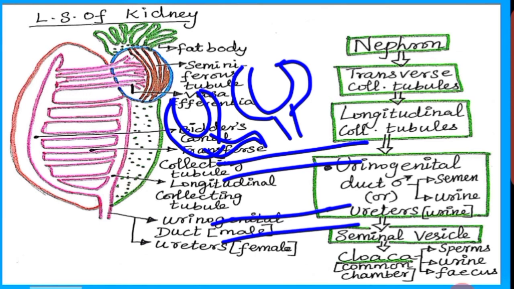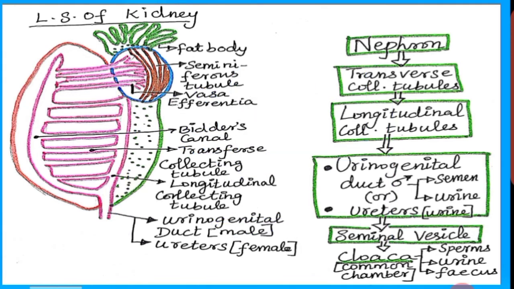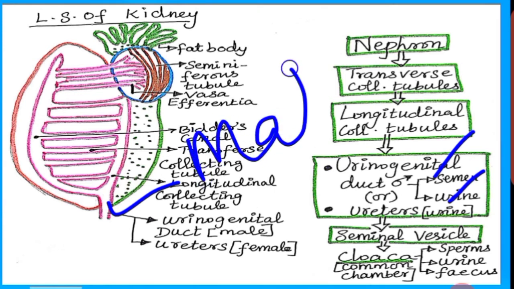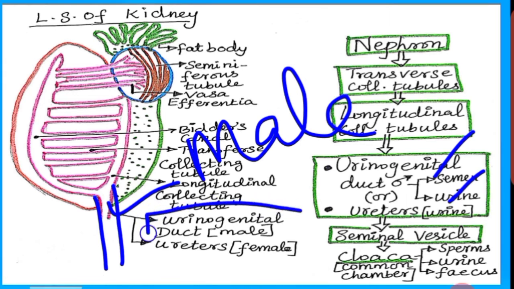The transverse collecting tubule opens into a longitudinal collecting tubule. So the urine transfers through the longitudinal collecting tubule. So this urinogenital duct acts for a dual purpose: one is to release semen, another is to release urine. So in the case of male frog, this duct is considered a urinogenital duct.